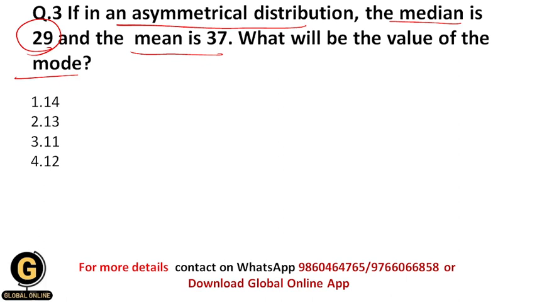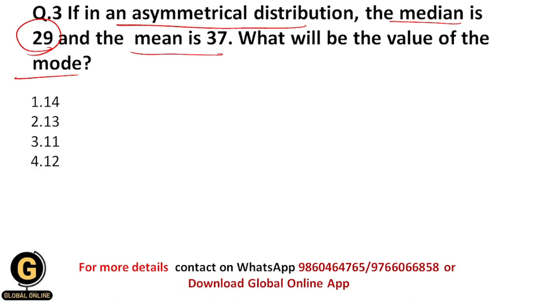And whenever the data is distributed asymmetrically, it means that the values of these three measures of central tendency will be different. So here the value of the median is 29 and the mean is 37, and that's why the mode value will be different. Whenever these values are equal, like whenever the median, mean and mode all have the same value, then it is called a symmetrical distribution.